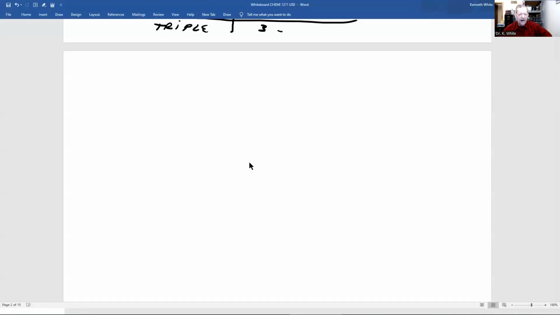So let's draw. The old name for sodium hydroxide is lye. That was used to make soap, and it's used a lot in the chemical industry for other things.